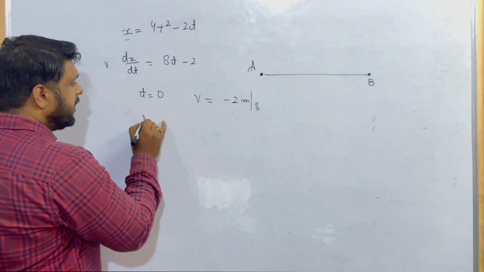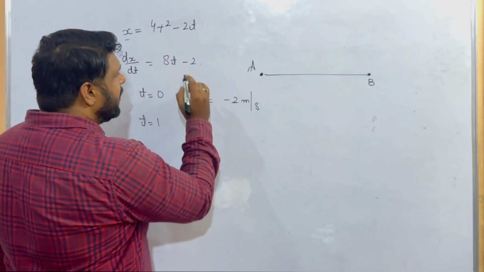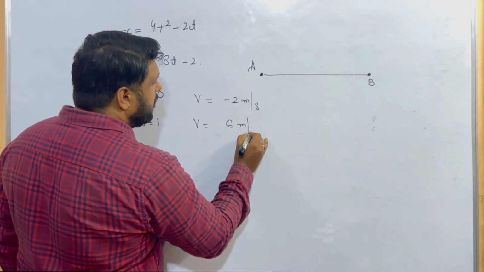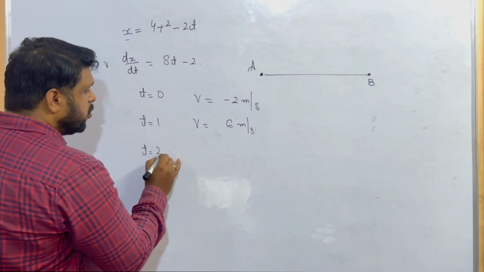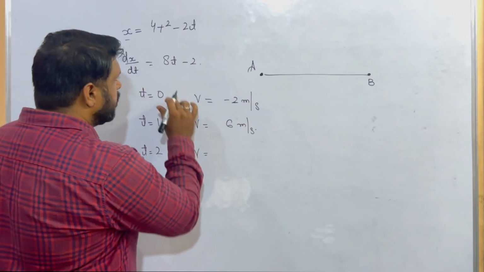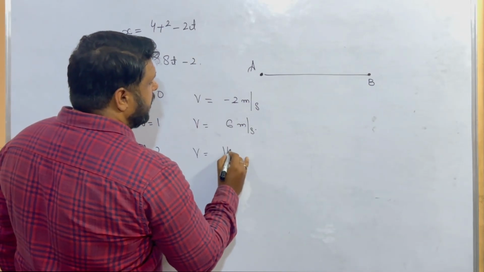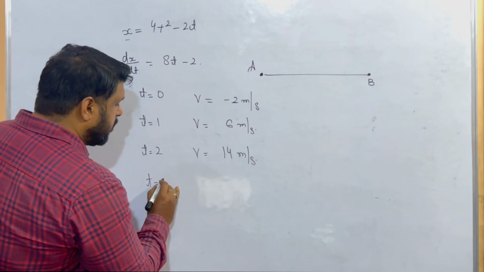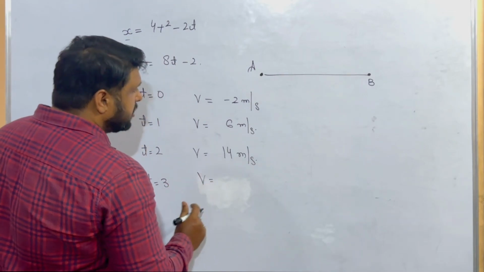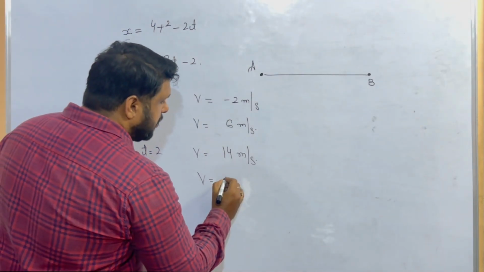At t is equal to 1, velocity is 8 minus 2, 6 meter per second. At t is equal to 2, velocity is 8 into 2, 16, 16 minus 2, 14 meter per second. At t is equal to 3, velocity is 8 into 3, 24, 24 minus 2, 22.